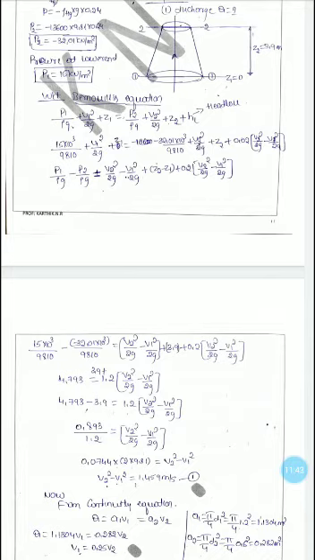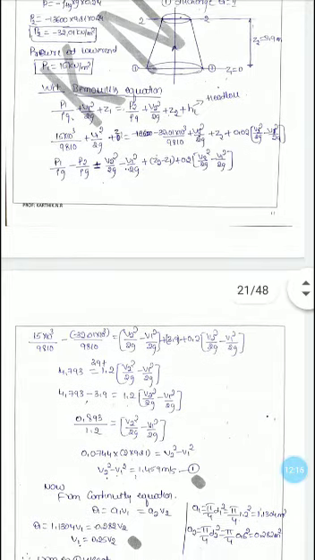P1 by rho g is a known value, V1 square by 2g is unknown, Z1 minus Z2 is given. Then P2 by rho g is also a known value, V2 square by 2g is unknown. Then HL is equal to 0.02 times V2 square by 2g minus V1 square by 2g.